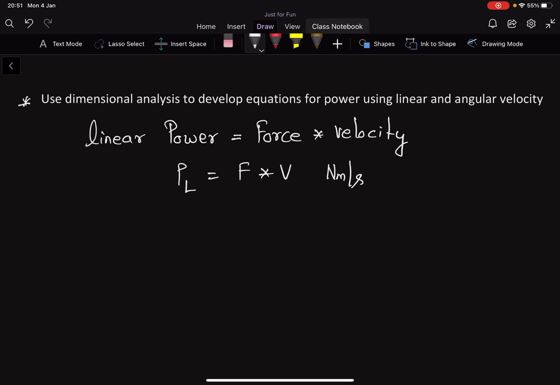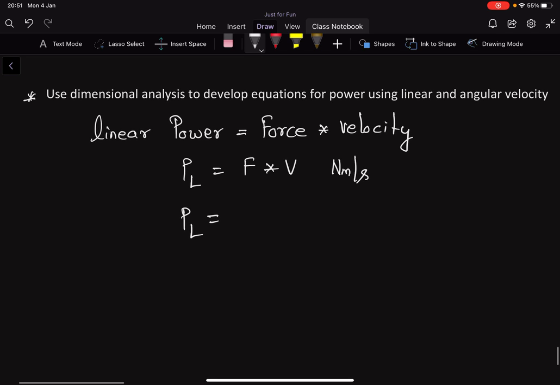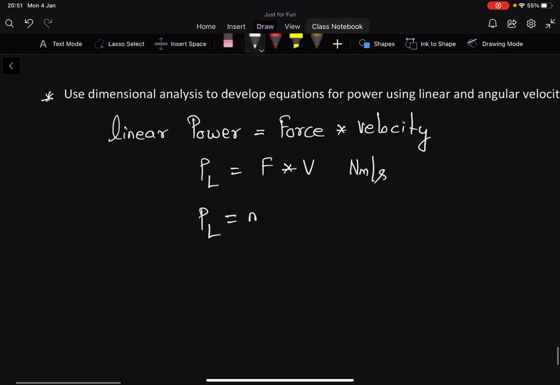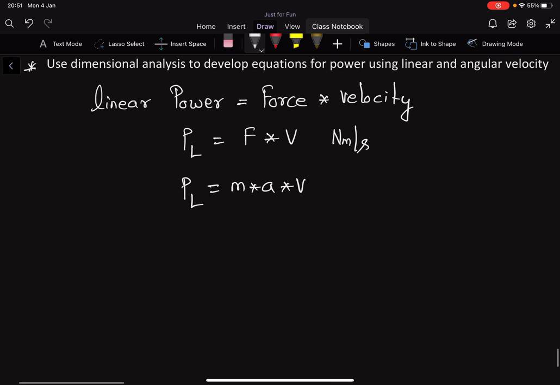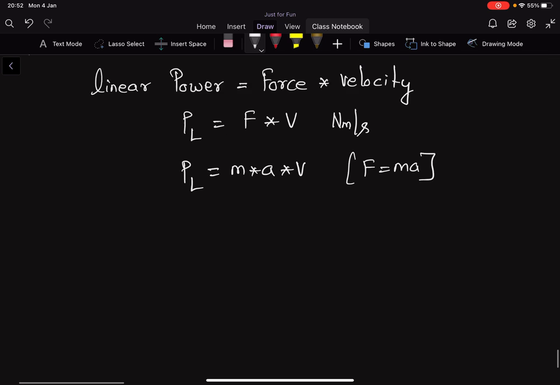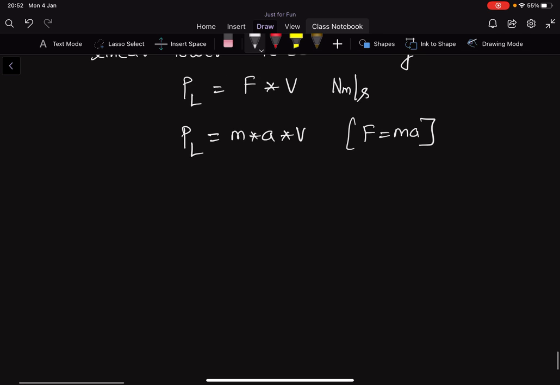Okay, and then PL, let's break this down further. Force is nothing but mass times acceleration. So we're going to use that force is mass times acceleration times whatever velocity we have. So what we're going to do now is represent our velocity, acceleration and mass, everything in our dimensions.